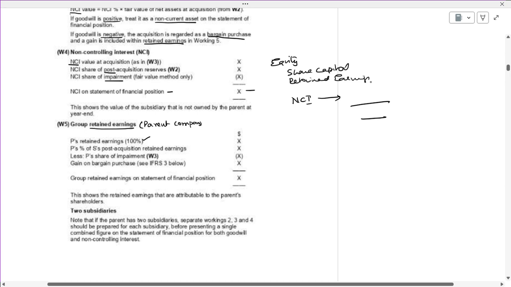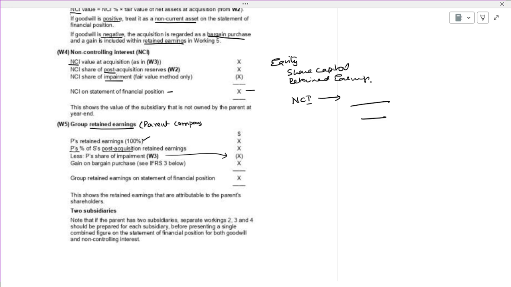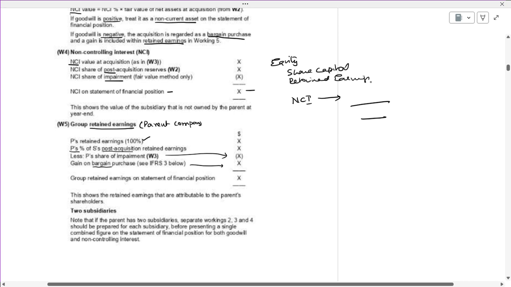We will take the parent share of post-acquisition, and if there is any impairment, we will subtract it. Any bargain purchase, we will take into consideration. For the time being, keep bargain purchase on hold, because we are not covering it in that much detail, but they have mentioned it.